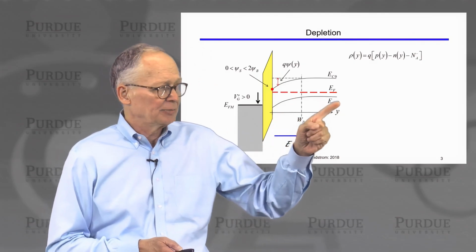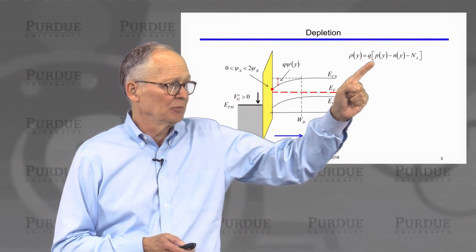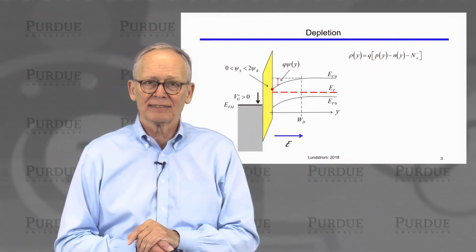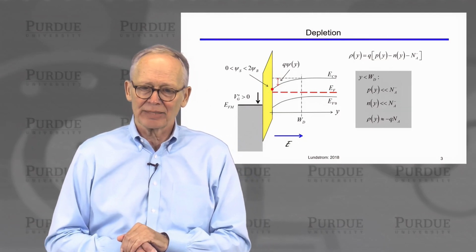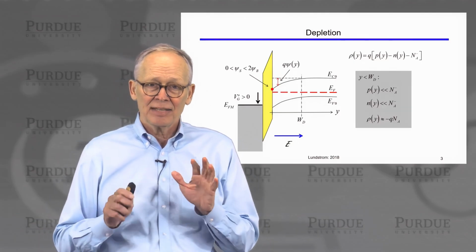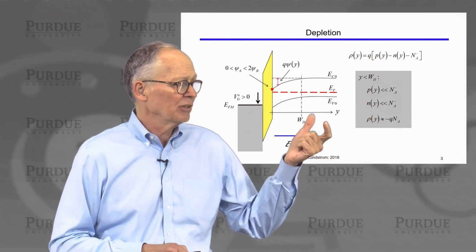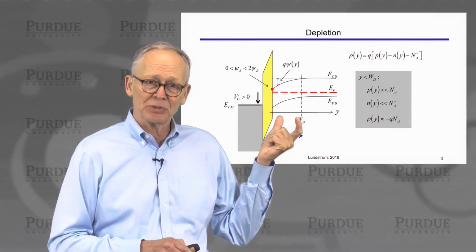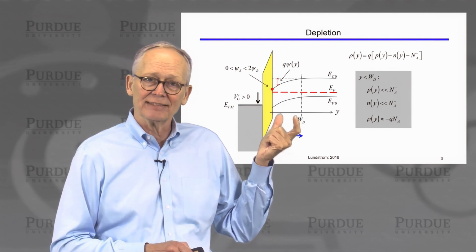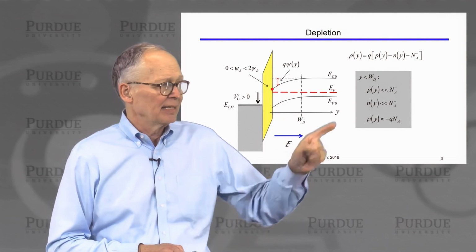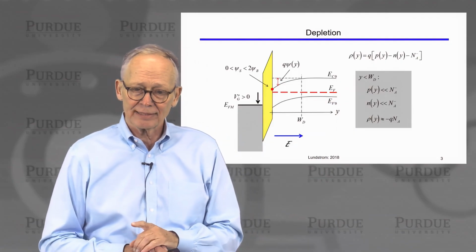Well, we need the space charge density in the Poisson equation. So in general, it depends on mobile holes, mobile electrons, and the ionized dopant density. This is just a p-type semiconductor, so we have p-type dopants. And the depletion approximation that we're making here assumes that as long as we're in this depletion region, the region where y is less than W sub d, the depth of the depletion region, that the number of holes in that region is negligible compared to the doping density.